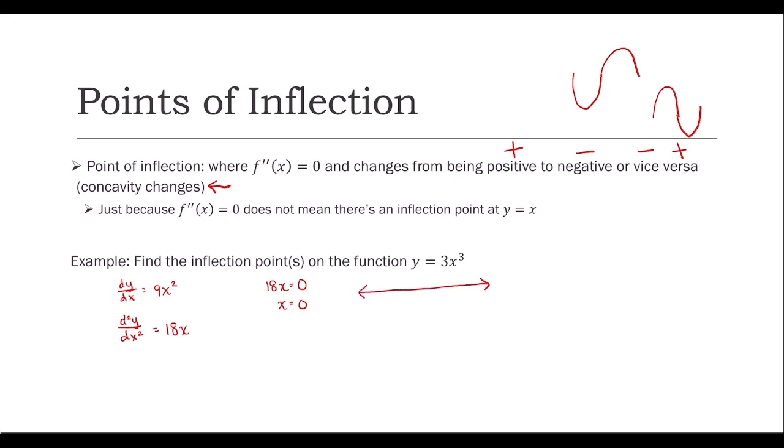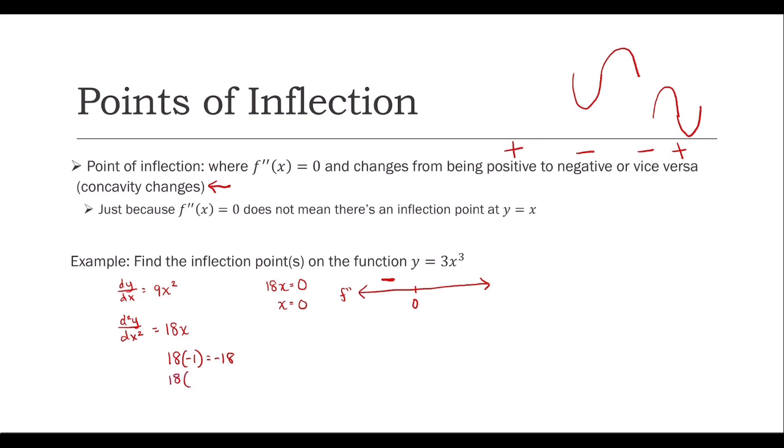So we'll draw a line for our second derivative, f double prime, and we'll put a point at 0, and we want to test to the left of that and to the right of that. So if we plug in something less than 0 into our second derivative, so if we plug in -1, for example, 18 times -1 is negative 18. So our second derivative is negative when x is less than 0.